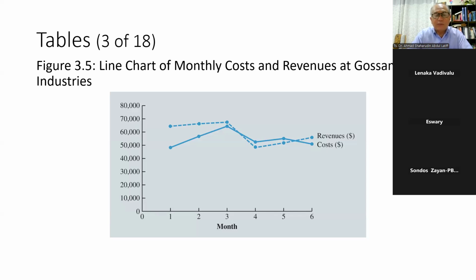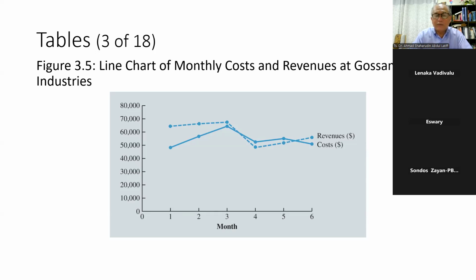You can see from month one the company makes a larger margin because the distance between the revenue and cost is higher, and the margin is reducing. In month two, the distance between revenue and cost is lower, and it's much lower in month three, a very minimal margin made by the company.